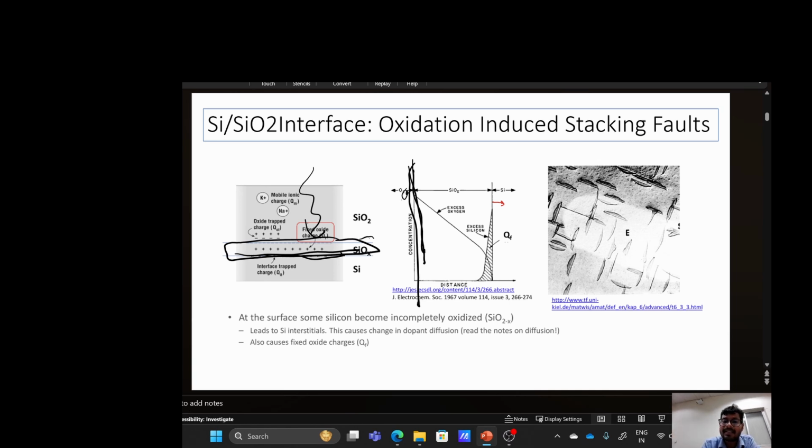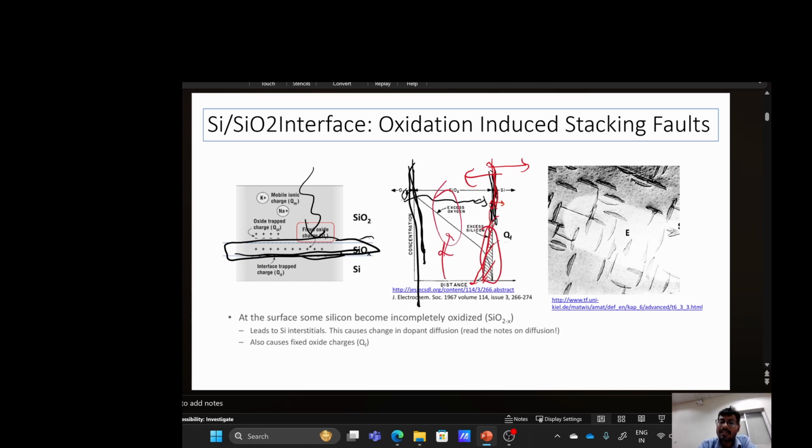There is oxygen, and this oxygen will diffuse to the Si interface, and there it will react with silicon and form SiO2 at this position. But because of the concentration difference, silicon on the right side will diffuse towards the SiO2 because of the concentration gradient. This is the excess Si concentration, and this is the excess oxygen concentration in SiO2.